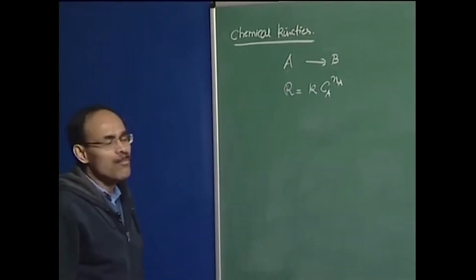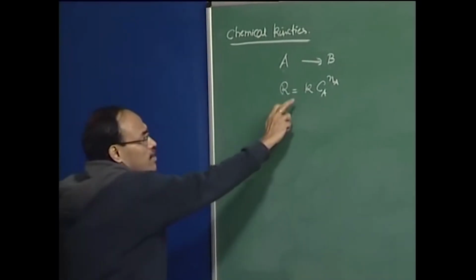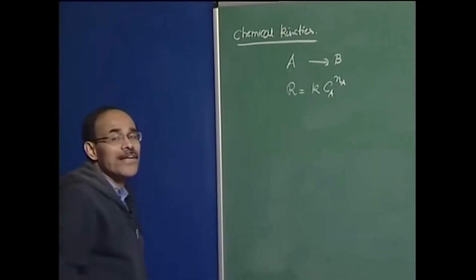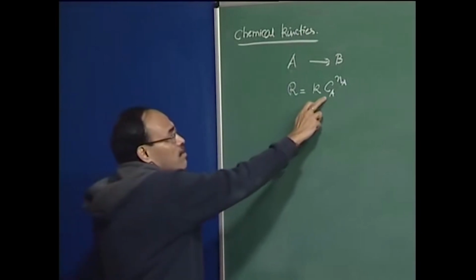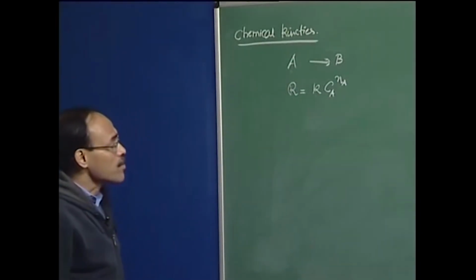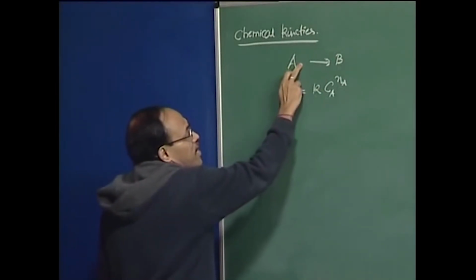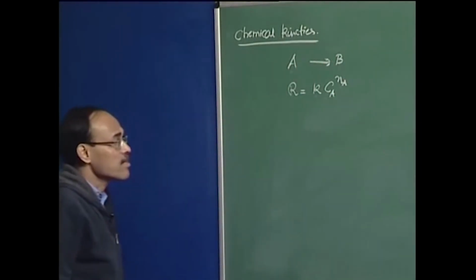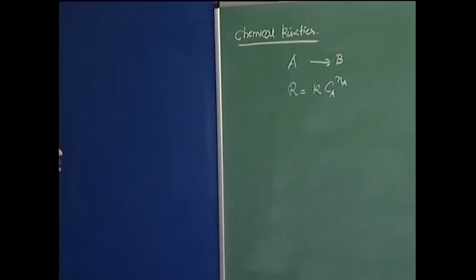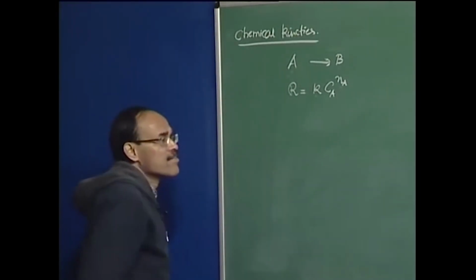Na could be 1, 1.5, 2 depending on the process. This is the rate constant and this is the overall rate, and this concentration is the concentration per unit volume. This is a homogeneous reaction.